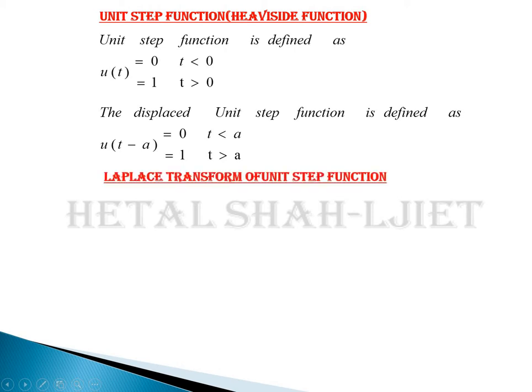So, the Laplace transform of the unit step function: if we apply the Laplace transform on the simple unit step function, then it is 1 by s. And the Laplace transform of the displaced unit step function is 1 by s times e raised to minus as.